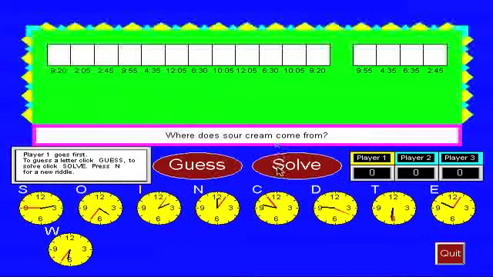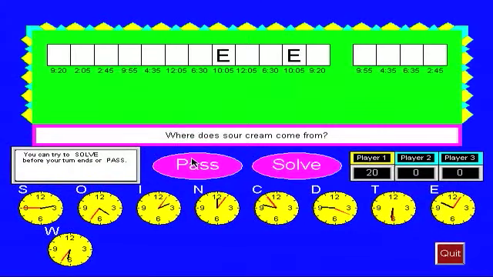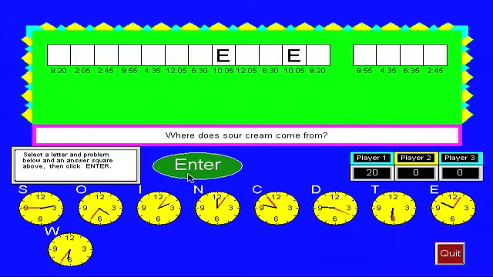And at the beginning or end of your turn, you can choose to solve the riddle, or you could try to guess letters. So E is 10:05, so E goes there, and let's pass, and let's say you wanted to get O, which is 4:35.